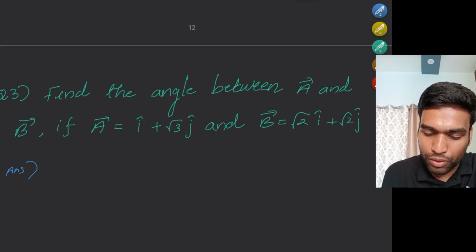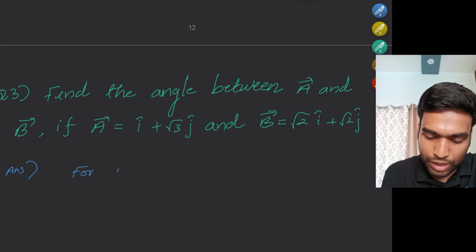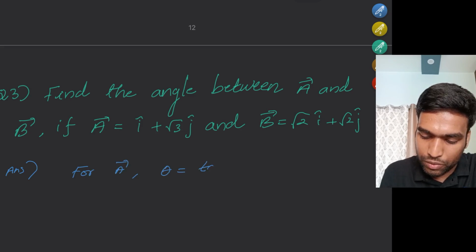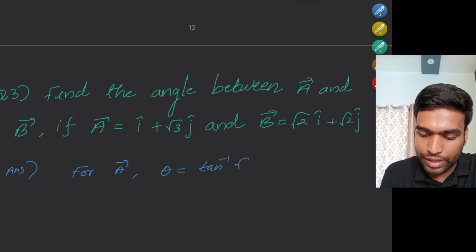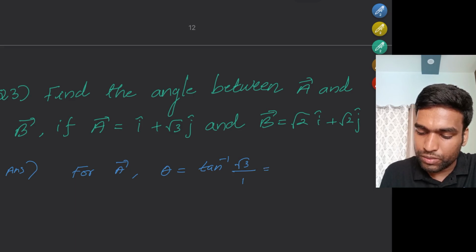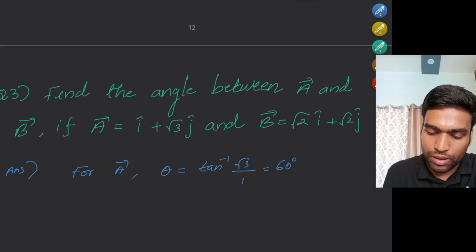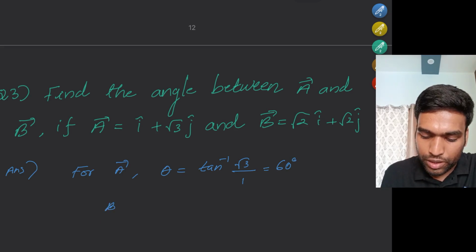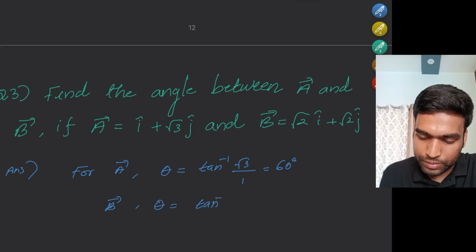First of all, for vector A, theta is given by tan inverse y component divided by x component, which is root 3 divided by 1, which we know is 60 degree. Now for B, we can write theta equal to tan inverse root 2 divided by root 2.